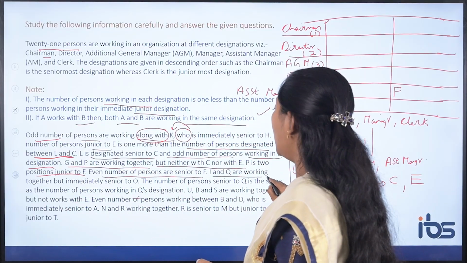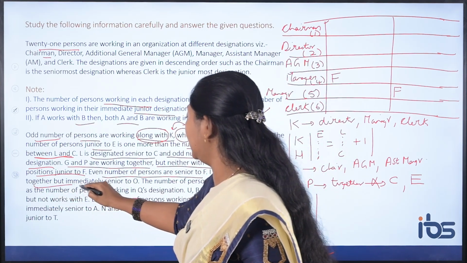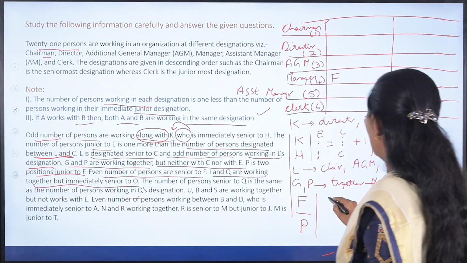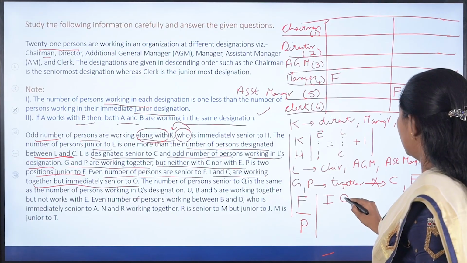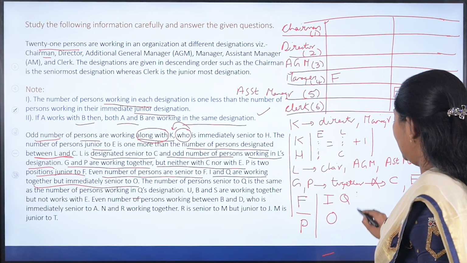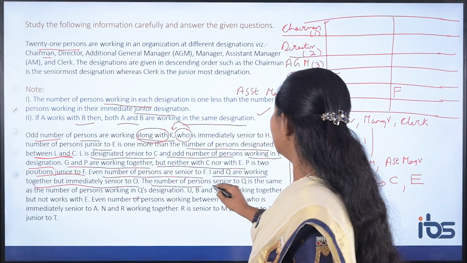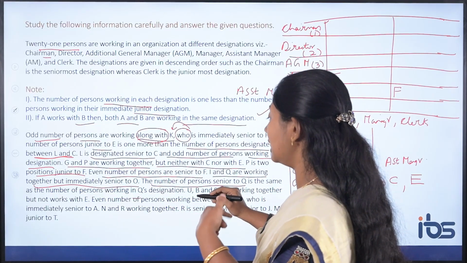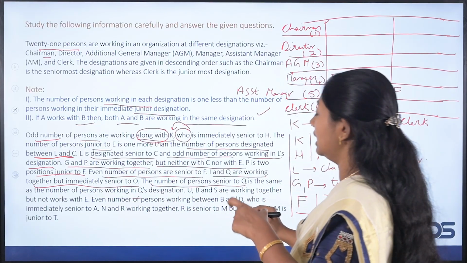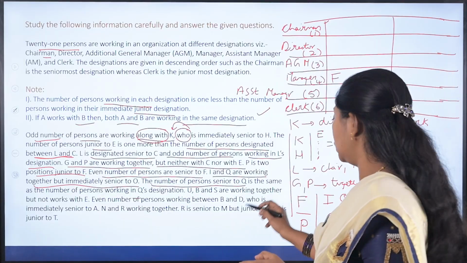I and Q are working together but immediately senior to O. The number of persons senior to Q is the same as the number of persons working in Q's designation.